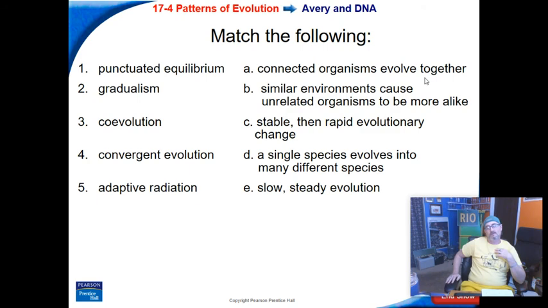Number four, convergent evolution. Yes, number four is going to be B, similar environments causing unrelated organisms to be more alike. And number five, adaptive radiation. Of course, by process of elimination, we could get to D, but the definition for adaptive radiation is a single species evolving into many different species.